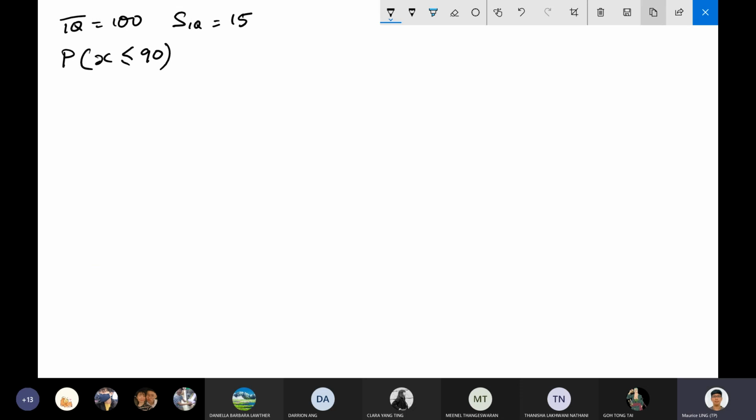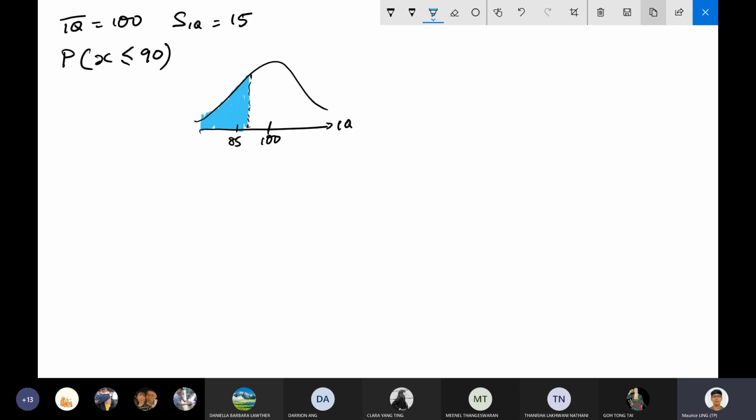Okay. So if you draw it out, it will look something like this. So this is 100. Now I do encourage you to draw out the diagram if you do not know. So 15 here is 85. So 90 is somewhere here. What you are trying to find is this area, the blue area.